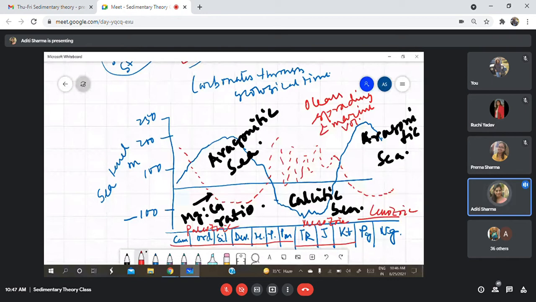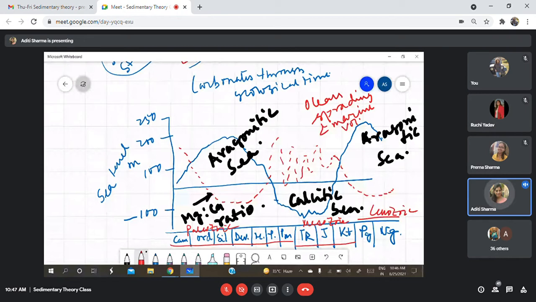Similarly, when you decrease the Mg, that means a more favorable condition for the limestone deposition, and it will help the unstable minerals to be stable.